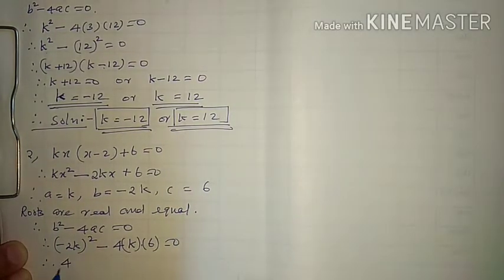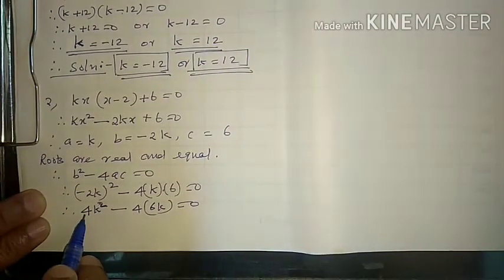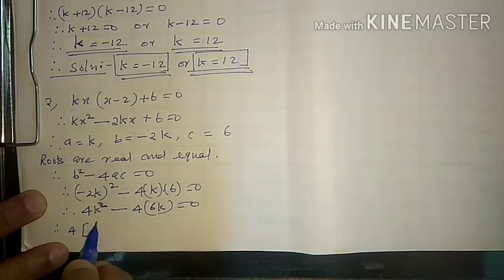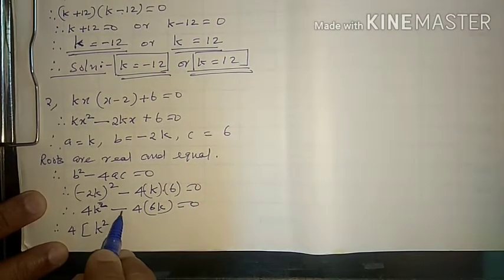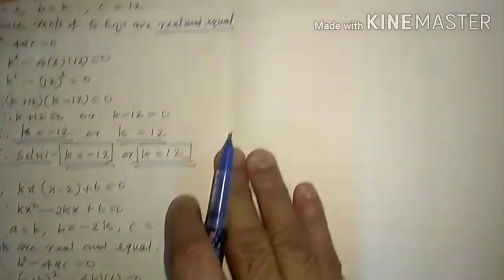Minus 2 square is plus 4 into k square minus this 4 into 6k equal to 0. Why are we keeping 4 like this? Because we can take common factor out. Therefore 4 into (k square minus 6k) equal to 0. We continue here now.